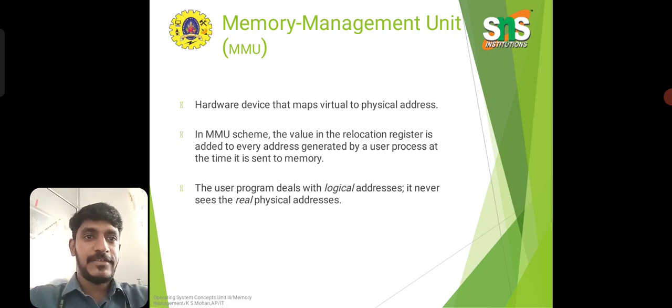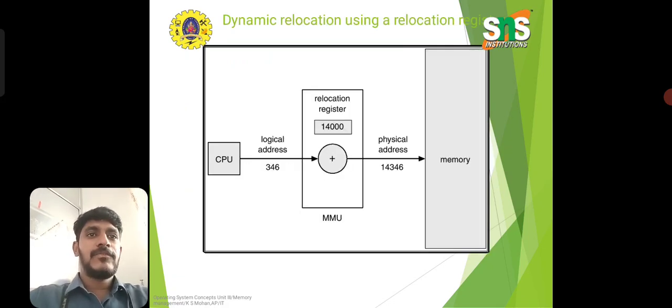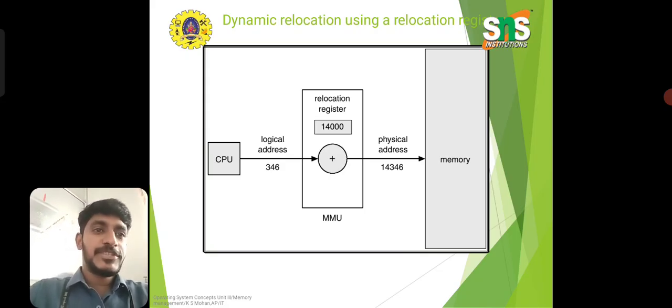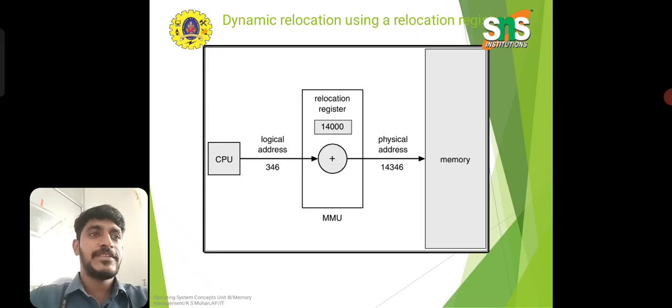It never sees the real physical addresses. Then dynamic relocation using relocation registers: the CPU generates a logical address, 346, and the MMU maps it to the physical address. So in this lecture we discuss dynamic relocation using relocation registers.